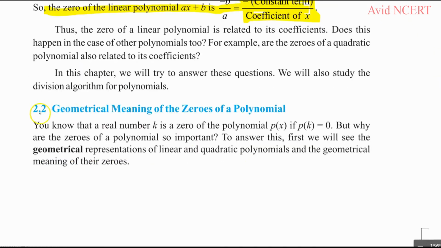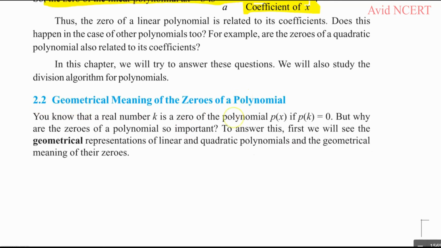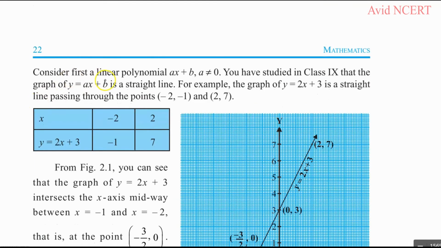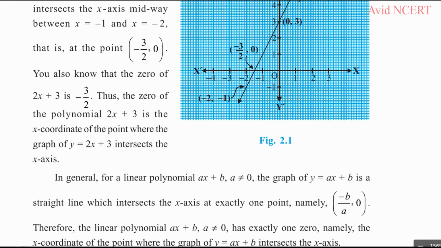Now the topic 2.2 was geometrical meaning of zeros of polynomial. So in this, first consider a linear polynomial. Linear polynomial is nothing but the highest degree of x will be 1, which is ax plus b. So when you take a linear polynomial and you plot a graph, then you will get the graph as a straight line.